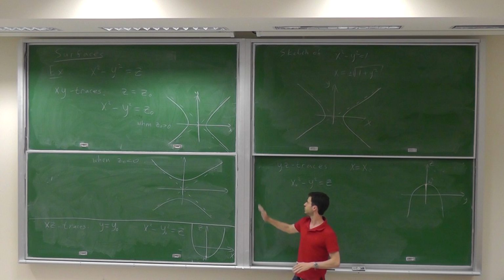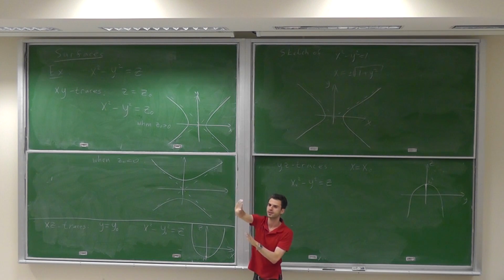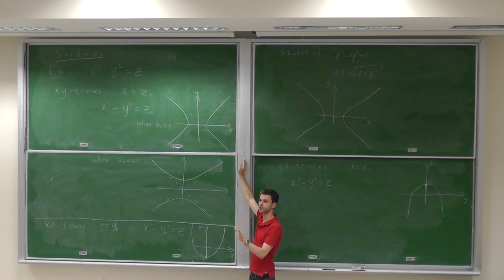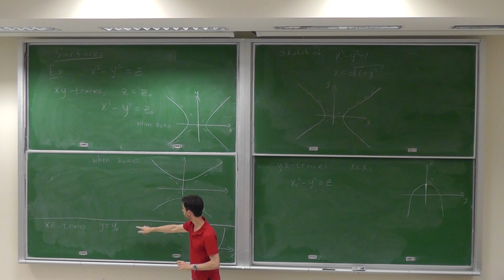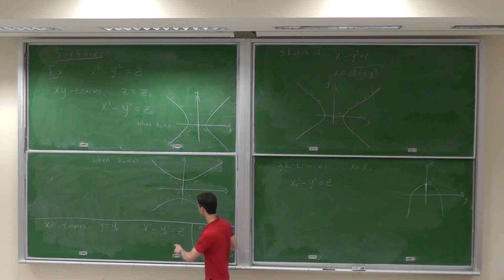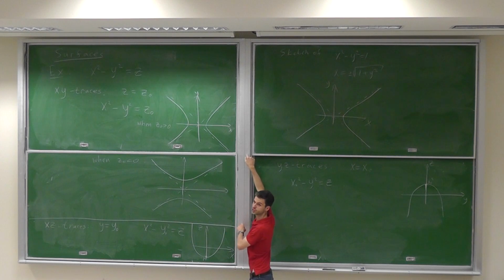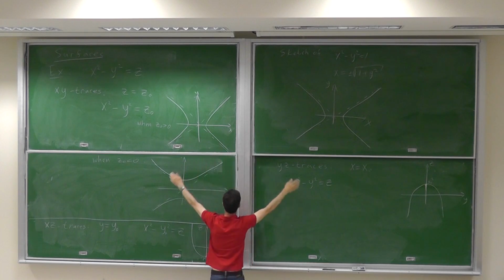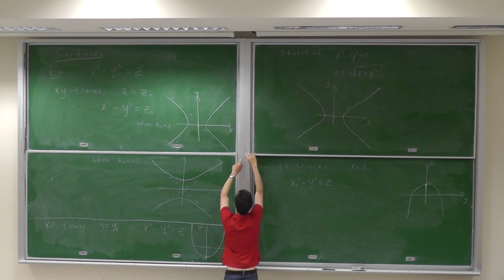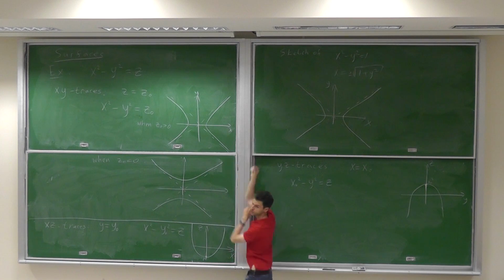Now think about this plane. This plane is y equal to 0. On this plane I see a parabola which faces upwards. So from here, imagine a parabola going upwards. So once again, a parabola facing down in this plane, a parabola facing up in this direction.